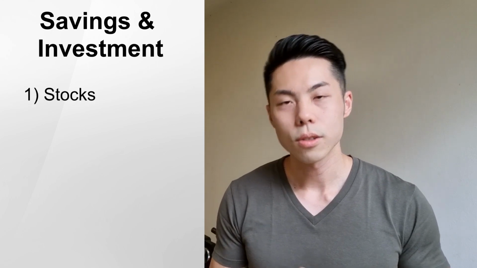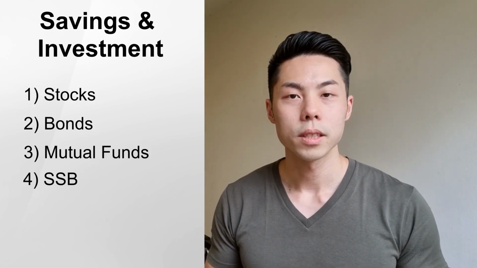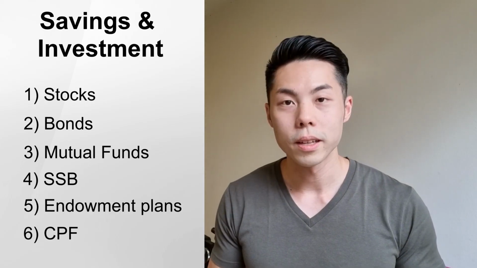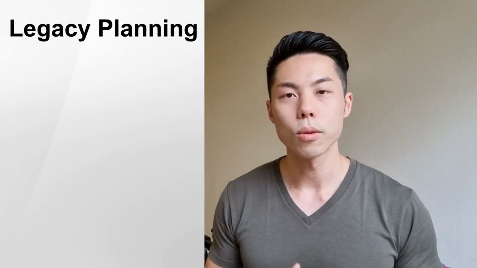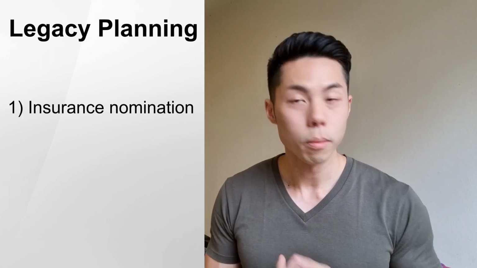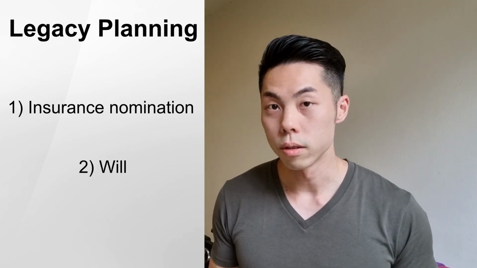It can be stocks and shares, your bonds, any mutual funds, Singapore savings bonds or endowment plan, or even your CPF. And the last tier, which is legacy planning, is all the tools that you want to use so that you can distribute your assets the way that you want it to be distributed. These are things like nomination for your insurance policies and also to write a will.